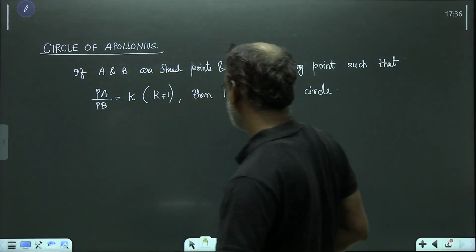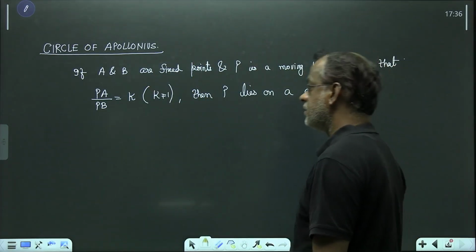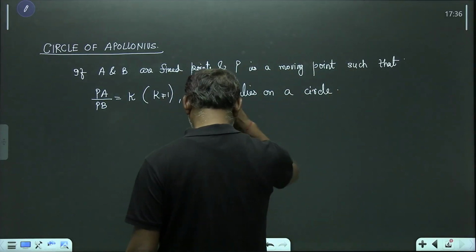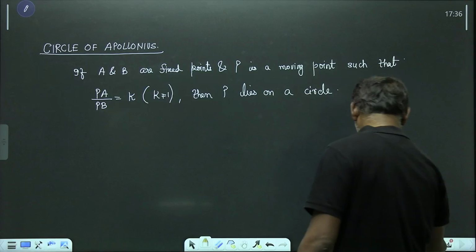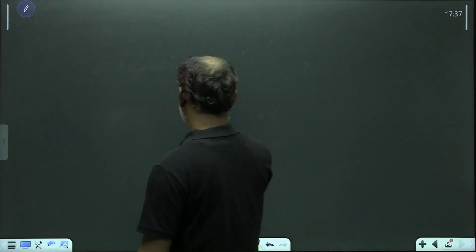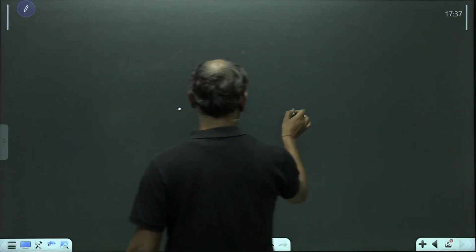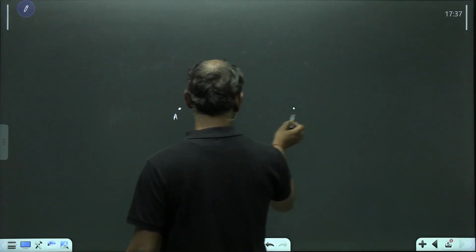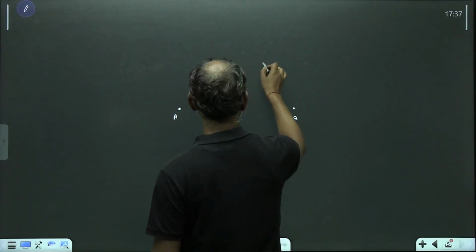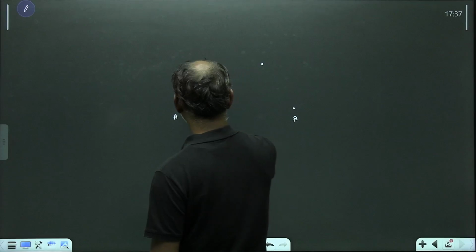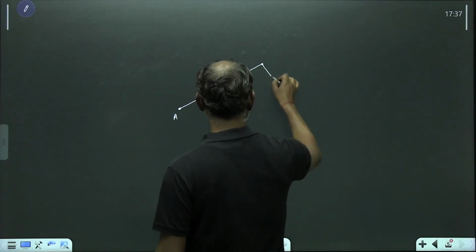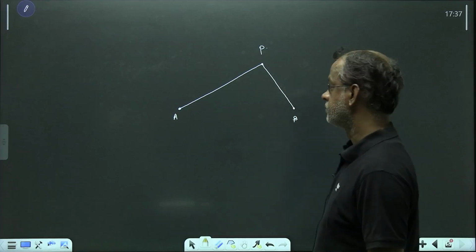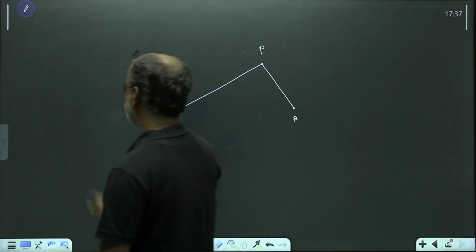Okay. So, what we are given is that PA by PB is K. Let me draw the diagram in a separate page. Suppose you are given that A and B are two fixed points. So, this is some point P. PA is to PB is K is to 1.